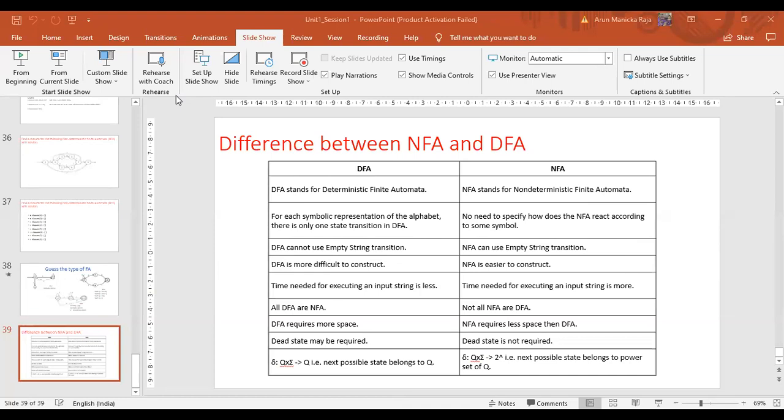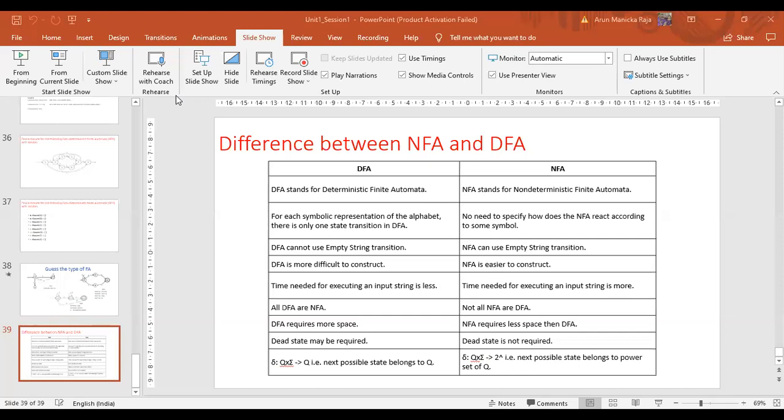At last we need only DFA. But for some problems, DFA construction is somewhat difficult. So we study NFA and construct the NFA for some problem. After constructing the NFA, we have to convert from NFA to DFA.